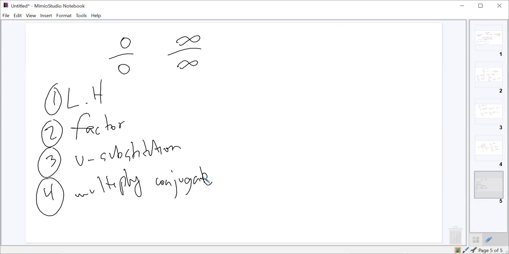And oftentimes when you're trying to do L'Hopital's rule, but the limit is infinite or the limit is 0, sometimes you have to go to one of these other methods because L'Hopital's rule ends up going into an infinite loop. So that makes sense. Those are some of the other options that you can use. That's all I can think of offhand for this.